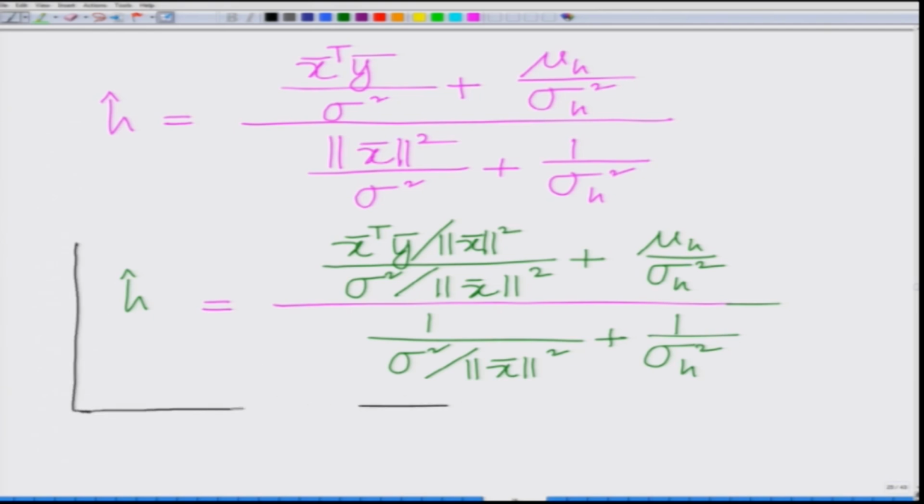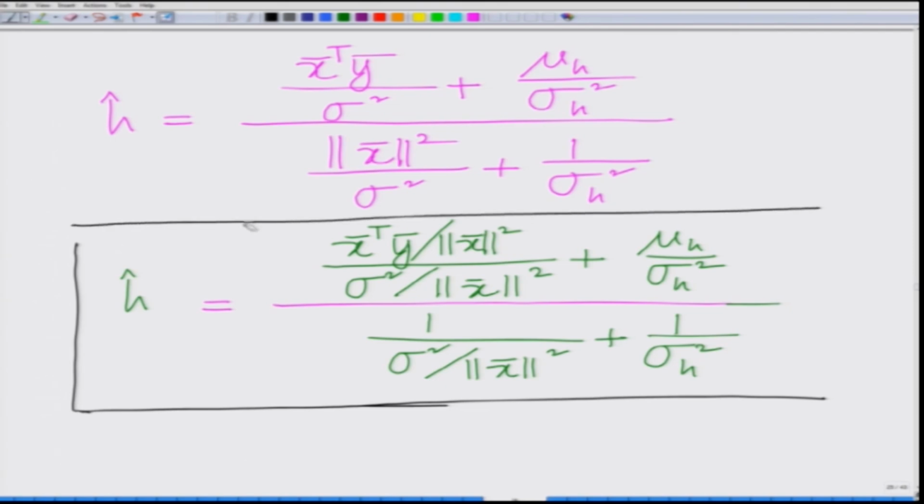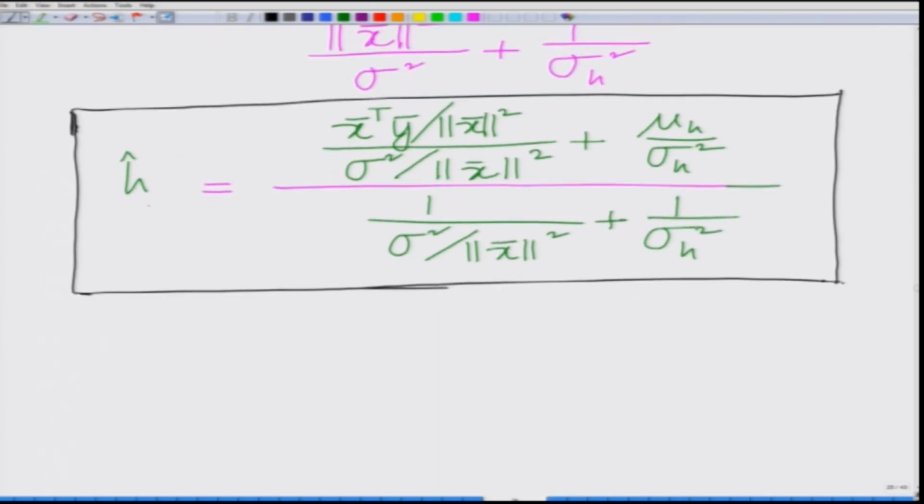What we are saying is, this is the final simplified expression, and I am going to explain the intuitive meaning behind this. Similar to what we have seen in the case of the wireless sensor network, we have a very beautiful interpretation for this expression. Now, let us look at the various quantities.